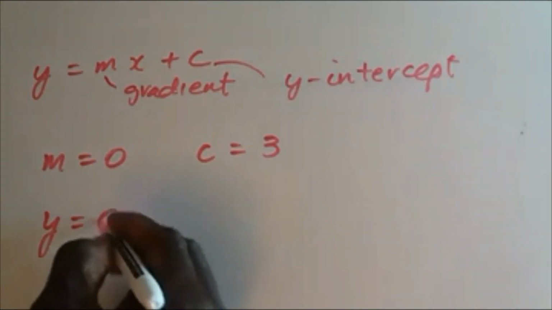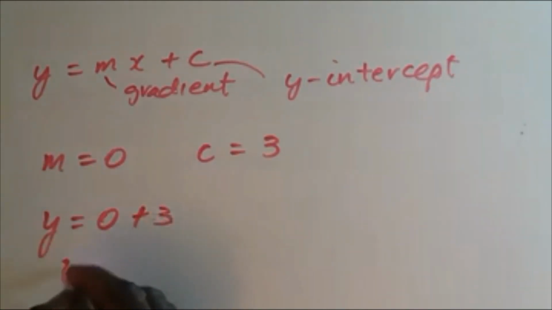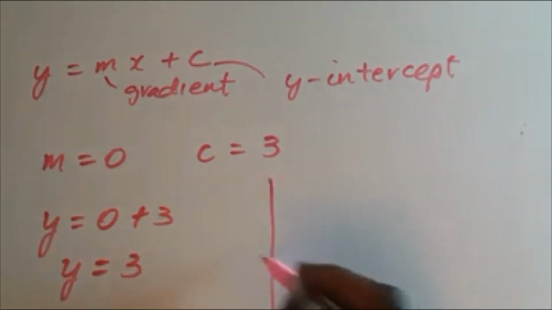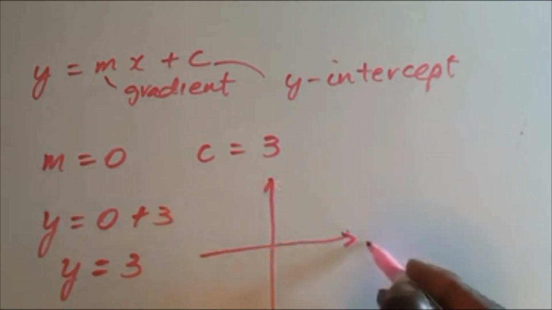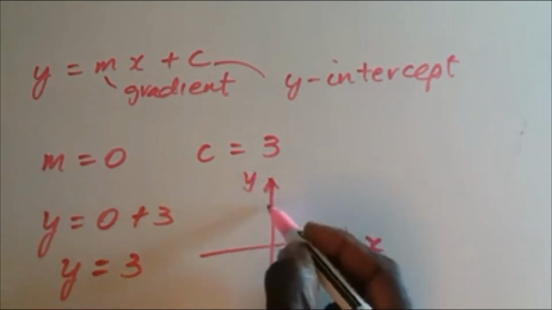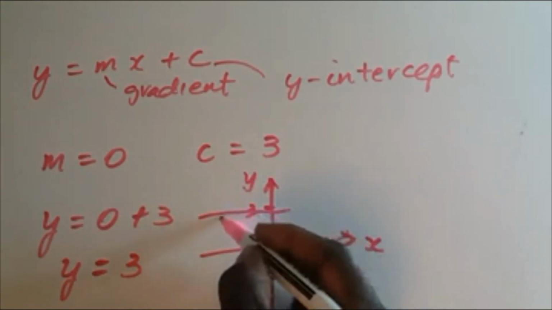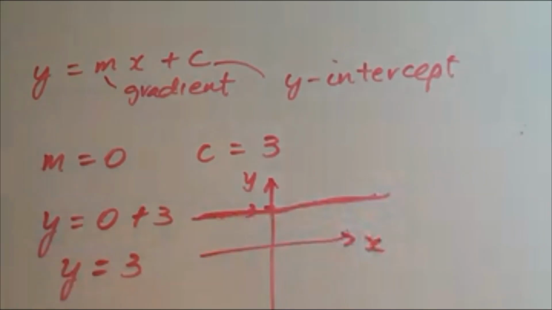So we'll have 0, add 3. So the equation of the line is y is equal to 3. If you were to do a sketch of this, this is the y-axis, and this is 3, we'll have the line going across like that, where the gradient is 0.